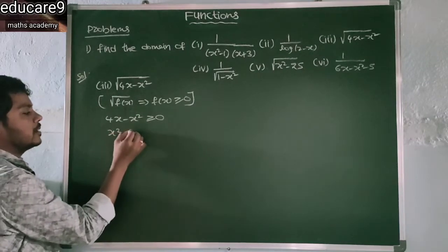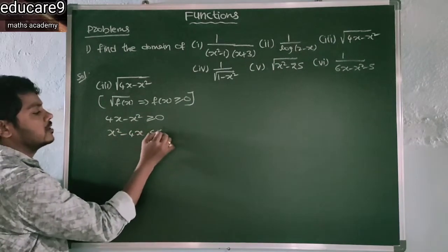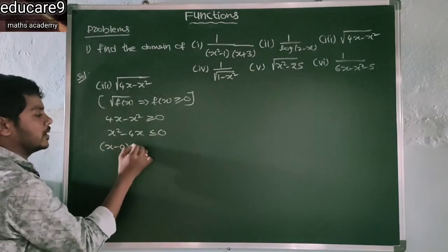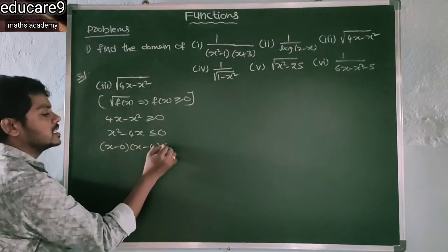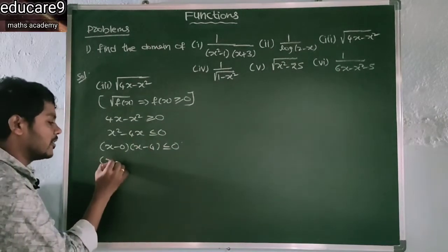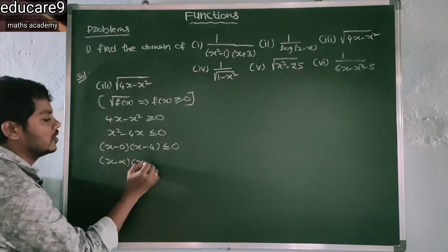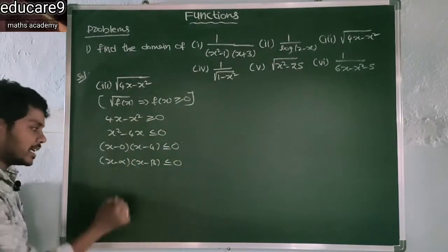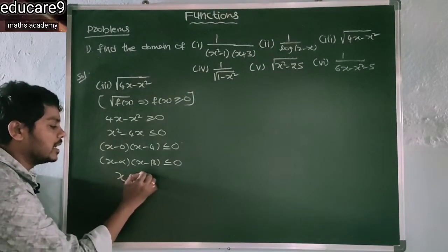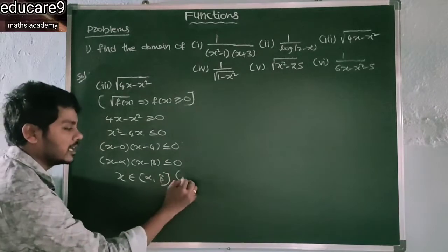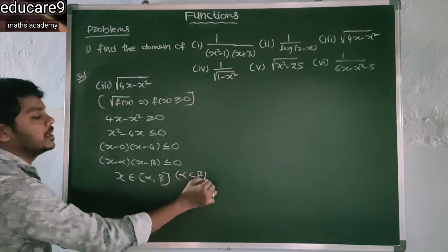Now x square minus 4x is less than or equal to 0. This is x minus 0 into x minus 4 is less than or equal to 0. Write it in the form of x minus alpha into x minus beta is less than or equal to 0. So what are the x values? x belongs to closed interval alpha comma beta, where alpha is less than beta.